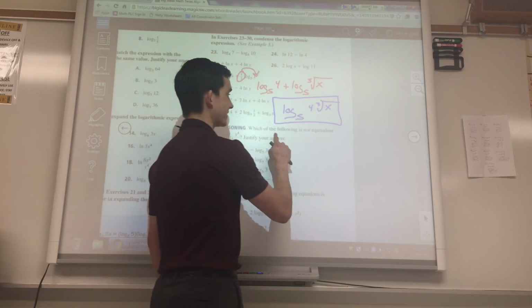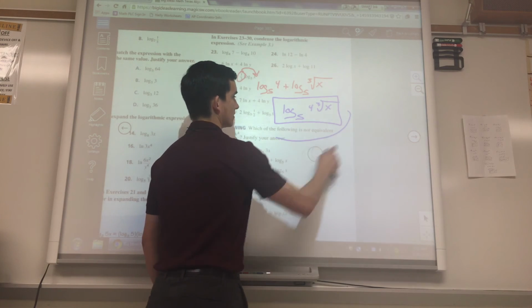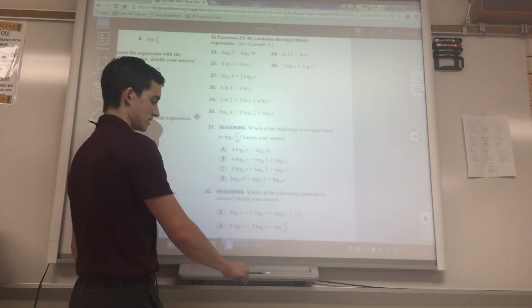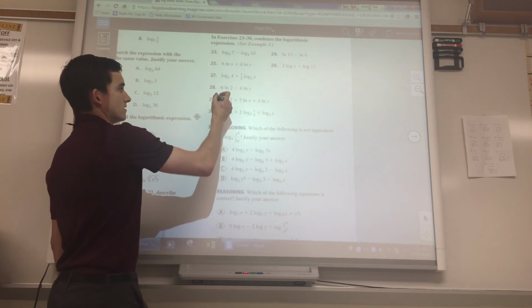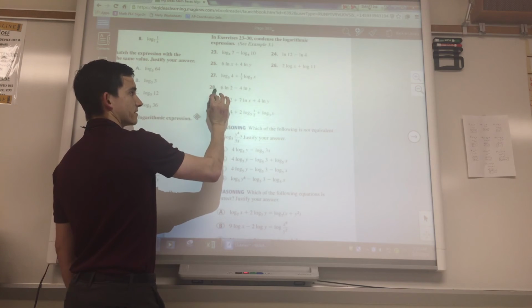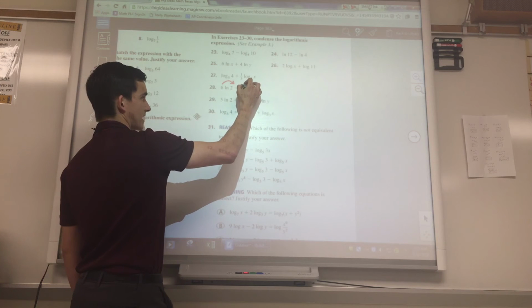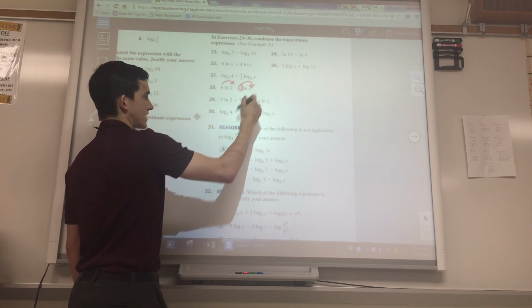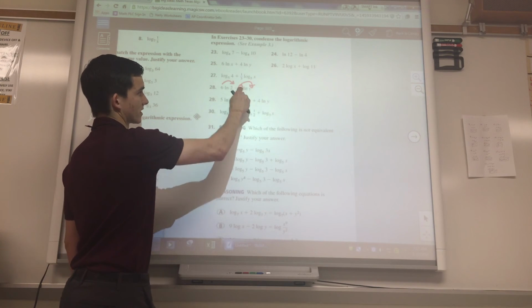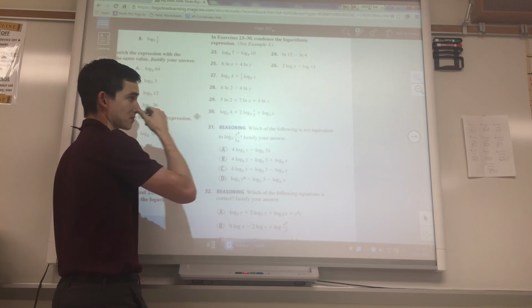Okay, next one. So again, I'm going to begin by taking the numbers in front, realizing that they're multiplied. I can bring them up to the exponential area because I'm dealing with exponents. I'm working in exponents right now.